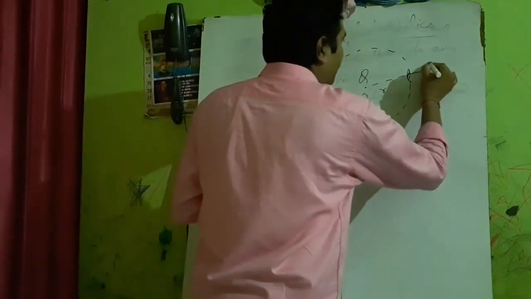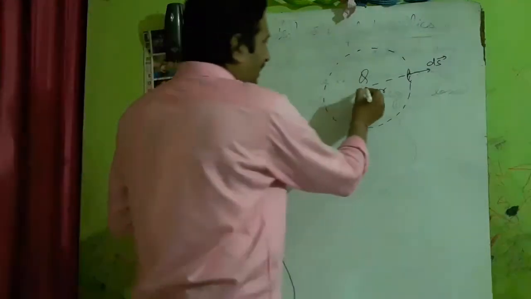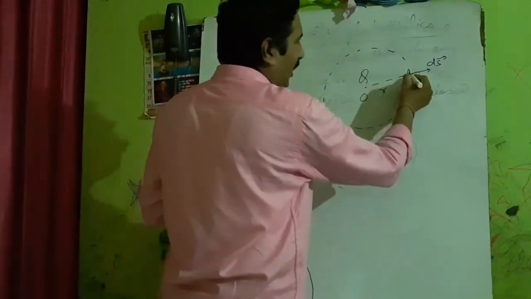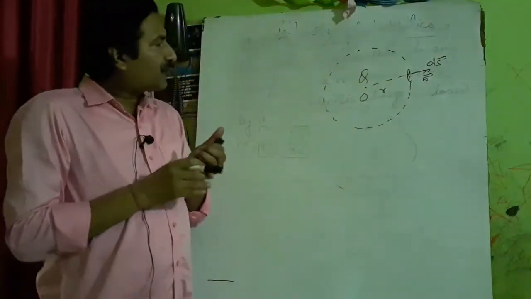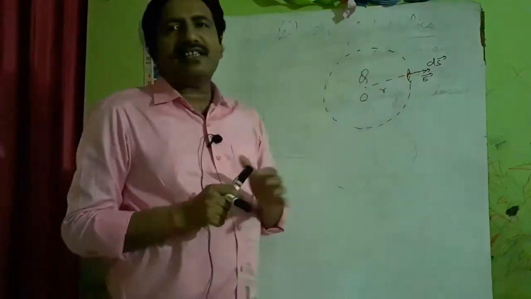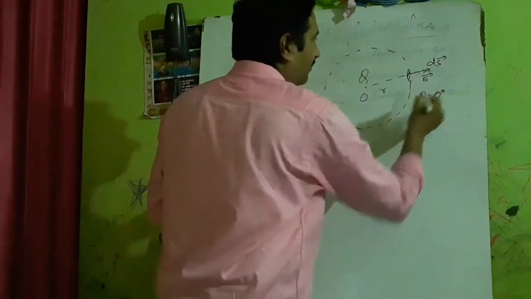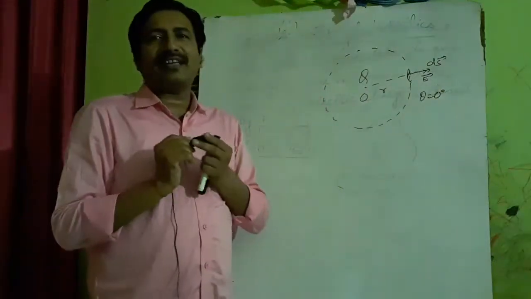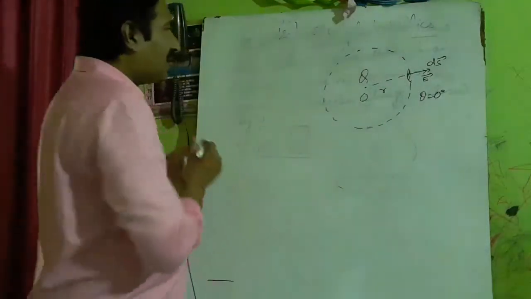Its area vector is ds, and electric field due to this positive charge at this point will also be along this one, because it is away from the positive charge. So from this diagram you can understand that the angle between E and ds is 0 degree, that is theta is equal to 0 degree here. Is there any confusion? No, I think you can understand that theta is equal to 0 degree.